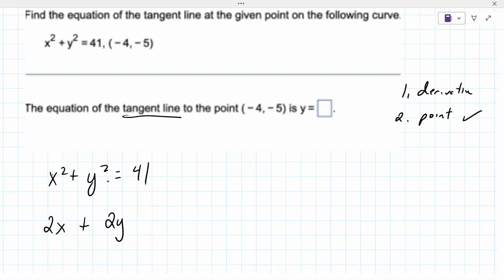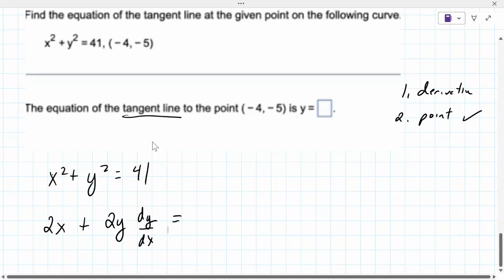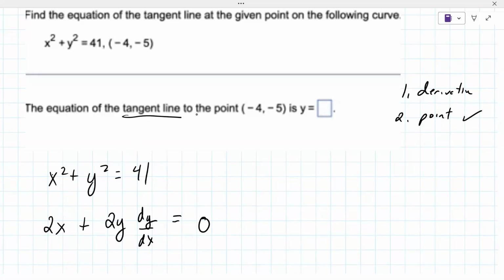It's 2y, but you add in a dy/dx. Okay. The derivative of 41 is a constant. That's 0.